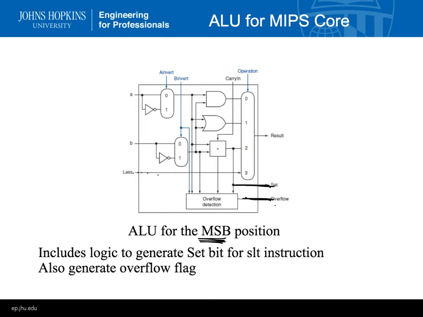So here, if the operation is 3, and this set becomes true, because it does subtraction, and this will tell it if A is less than B.